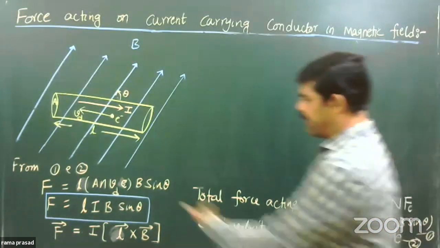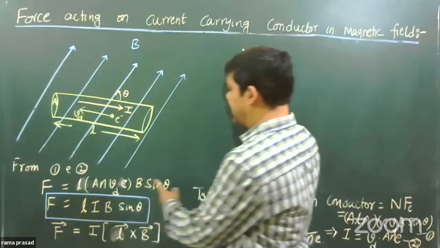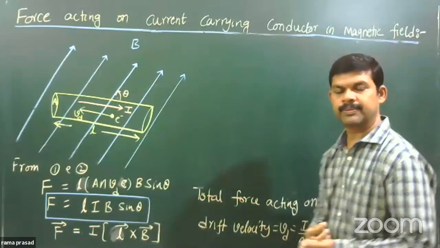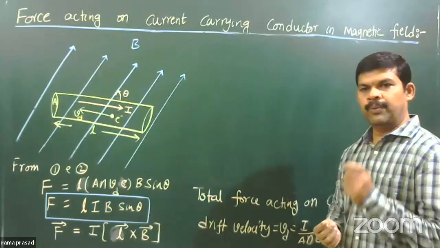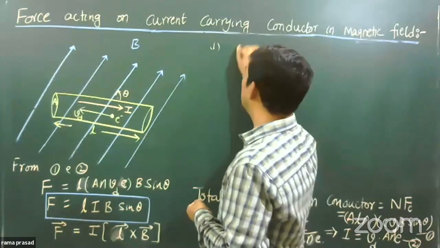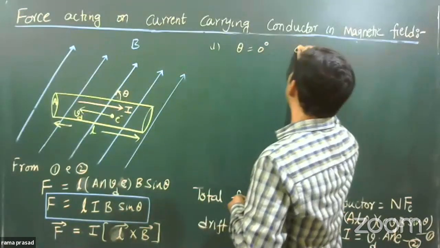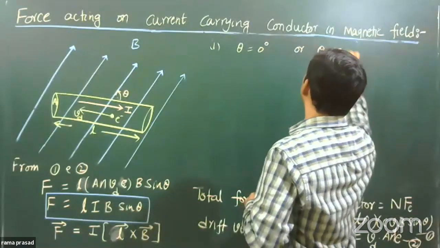What formula do I have? F is equal to BIL sin theta. Case 1: theta is 0 or theta is 180.